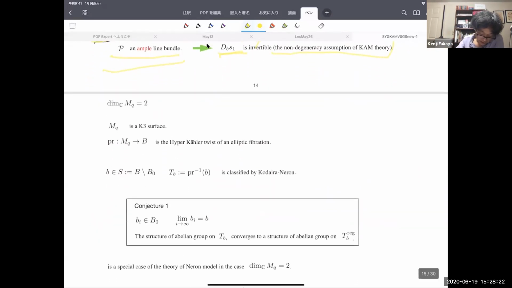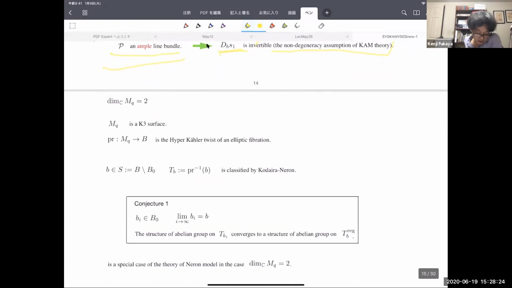And I want to show you a few examples. In the case when the symplectic manifold is 2-dimensional, a K3 surface, you have this SYZ fibration. But in this case, the SYZ fibration is a so-called hyperkähler twist of elliptic fibrations. You have many elliptic K3s, and you take the hyperkähler twist, then you have Lagrangian tori.